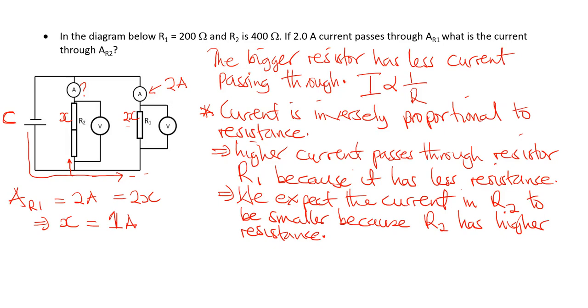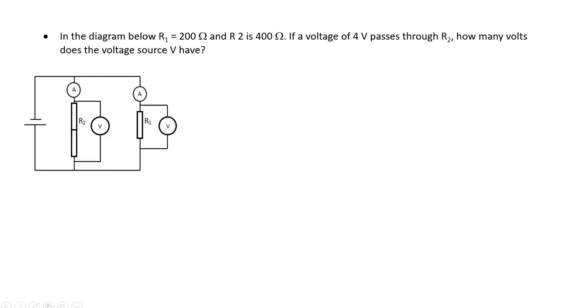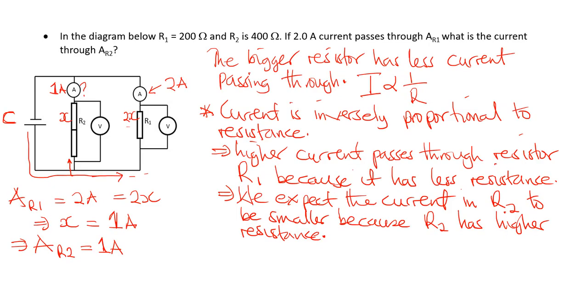So if current of 2 amp passes through R1, it means current of 1 amp passes through R2. So this implies that R2 has 1 amp of current.